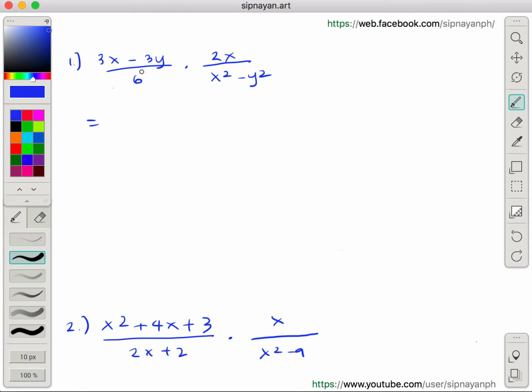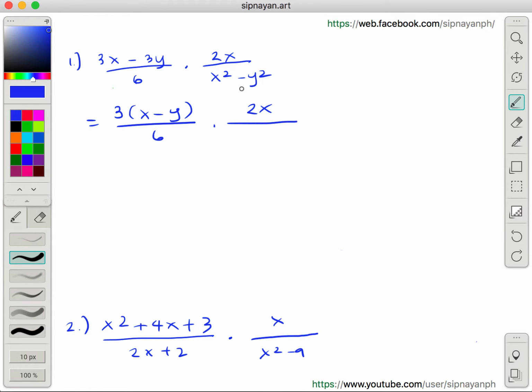We have 3x minus 3y divided by 6 times 2x divided by x squared minus y squared. Parehong may 3, pwede natin siyang ilabas. We can factor out 3, over 6. Pag dinistribute natin yan, babalik siya dito, so these two are equal. And then, times 2x over x squared minus y squared.